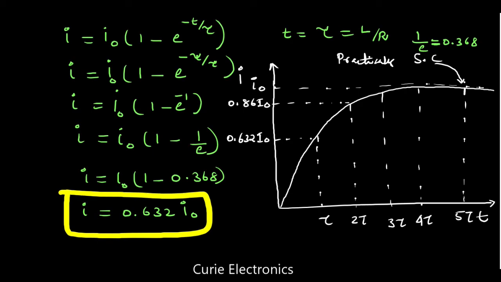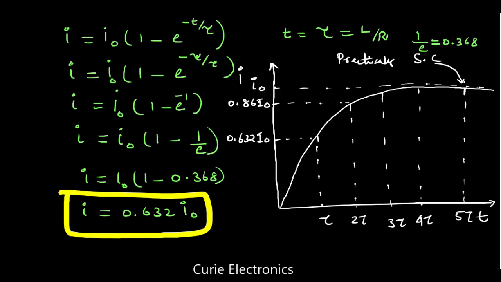So 5 time periods is an important point where the inductor acts like a short circuit, and one time period is the time taken for the current to rise to 63% of the maximum value of the current. If the inductor is not there in that circuit, E upon R will give the maximum current.